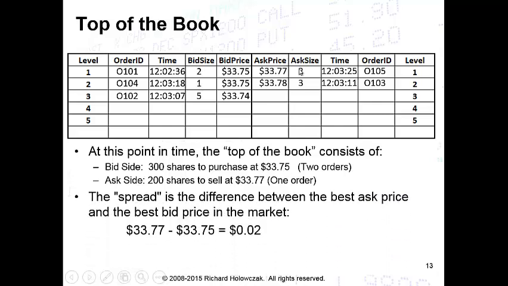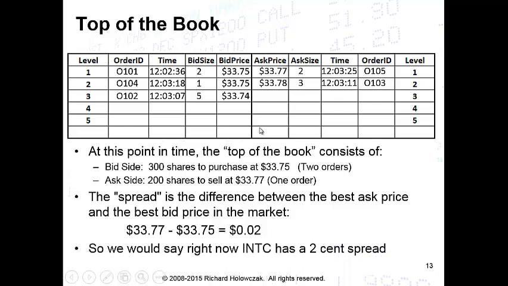The term spread is going to relate to the difference between the best bid and the best ask price. Or another way around is saying if we take the best ask price, $33.77, and we subtract from it the best bid price, we get the spread. Okay, it's going to be the distance between these two. And so currently, we would say right now that Intel has a 2-cent spread.